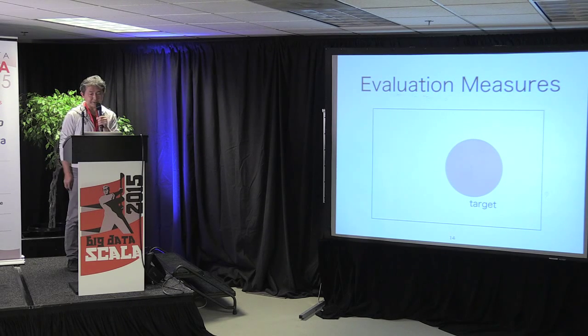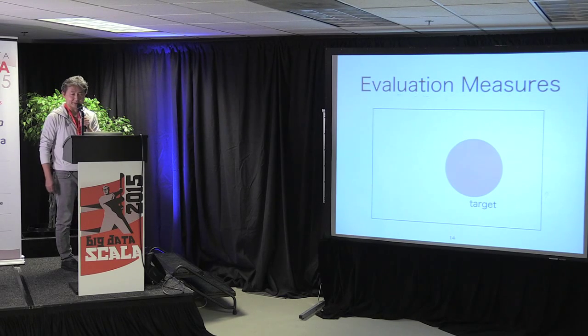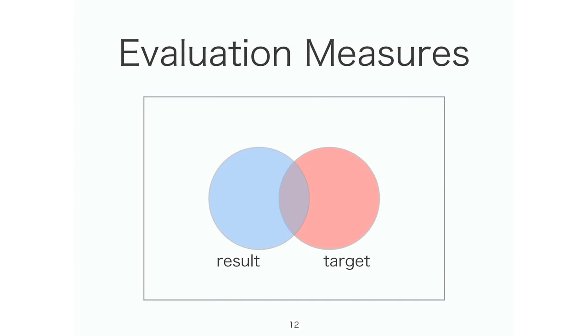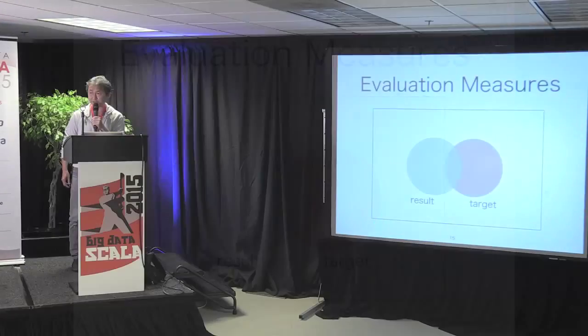If the search engine returns a set like the pink circle here, the user is happy and satisfied by the result. But in reality, the search engine cannot fully satisfy you, though it could satisfy your expectation partially.